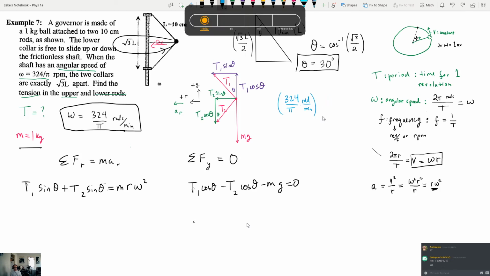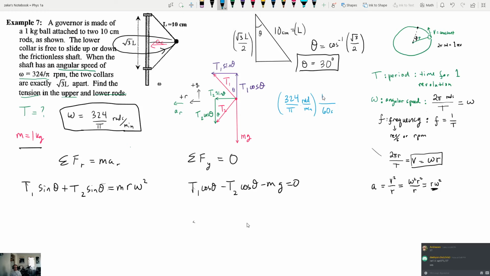No, we're dividing by 60, since there are 60 seconds in a minute. I don't really care about 324 over pi, I just want a number. So omega should be equal to, I get 1.72.